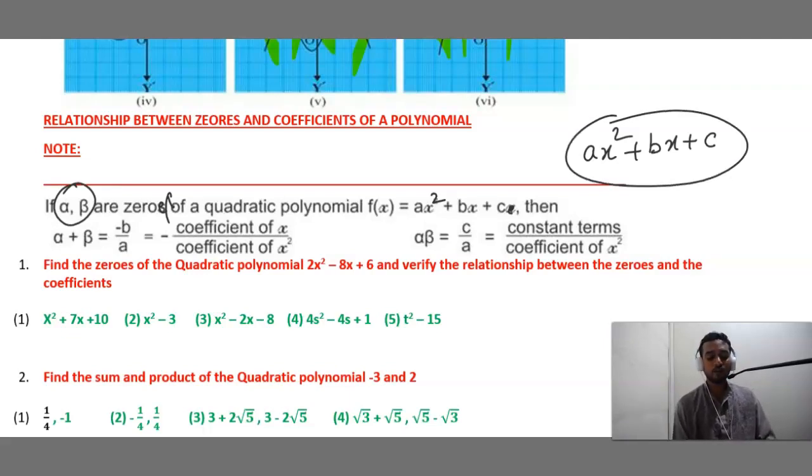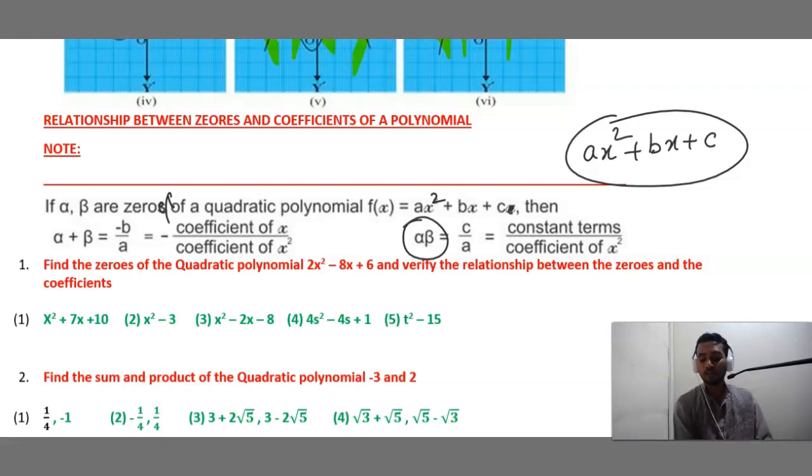So we have the formula to find the sum of zeros and product of zeros. Sum of zeros means alpha plus beta. Alpha plus beta equals minus b by a. That is nothing but minus of coefficient of x by coefficient of x square. Product of zeros means alpha into beta, that is c by a: constant term divided by coefficient of x square.